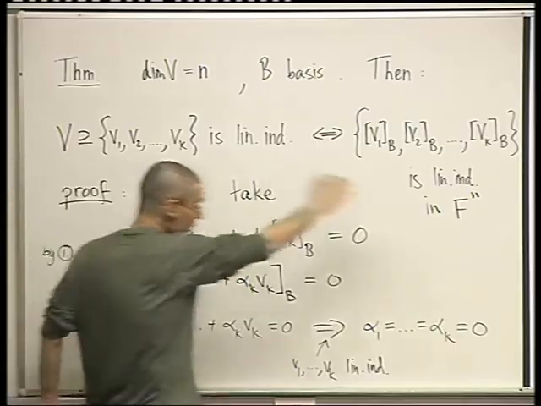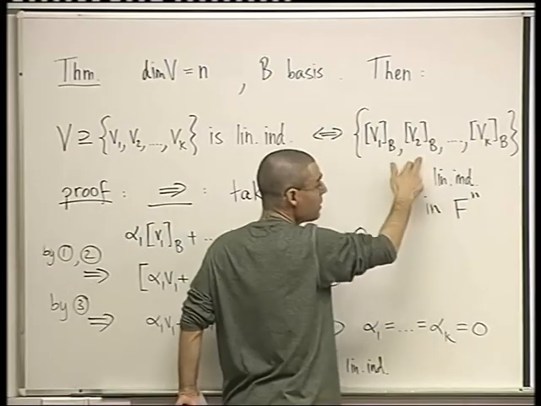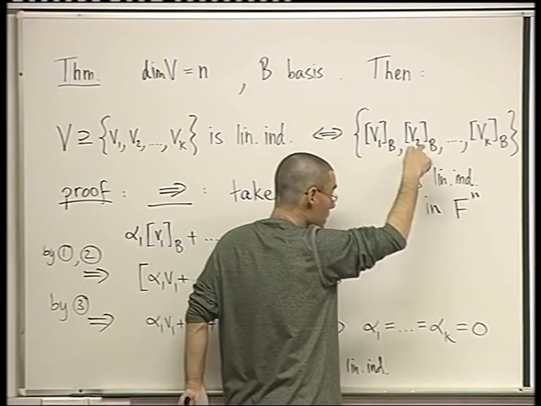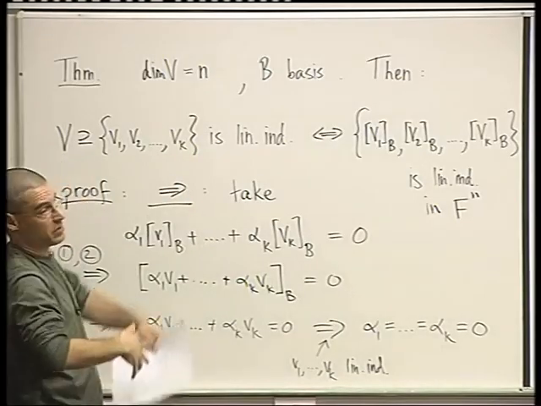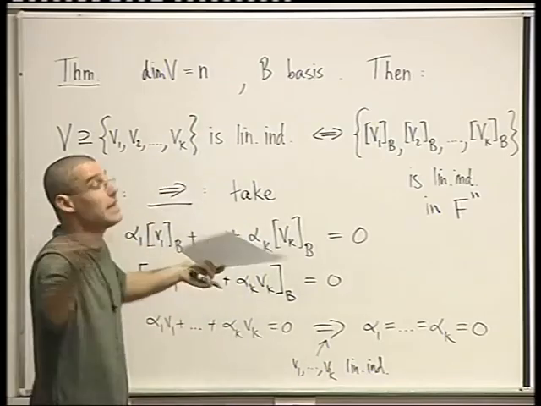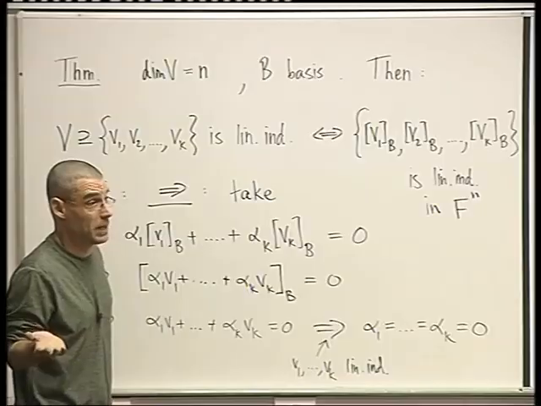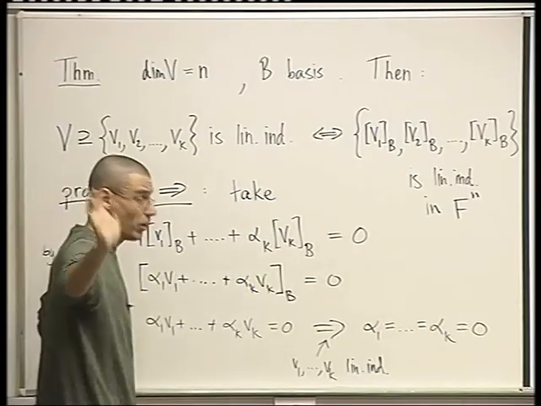So you translate to Fn, you check linear independence here, that's what we did all the time, and you deduce linear independence in your original space, which could be a space of polynomials, or a space of matrices, or a space of many, many other things that you may encounter as vector spaces, stemming from totally different worlds.